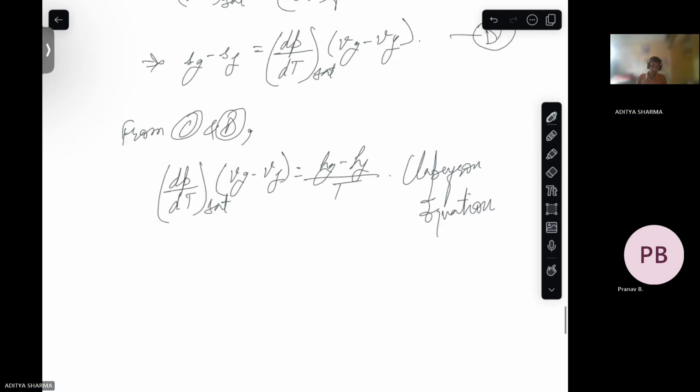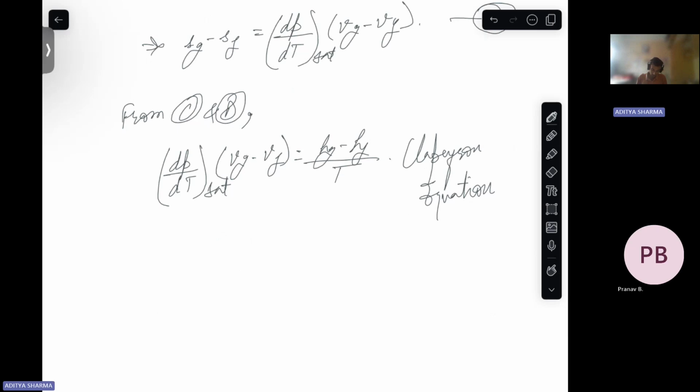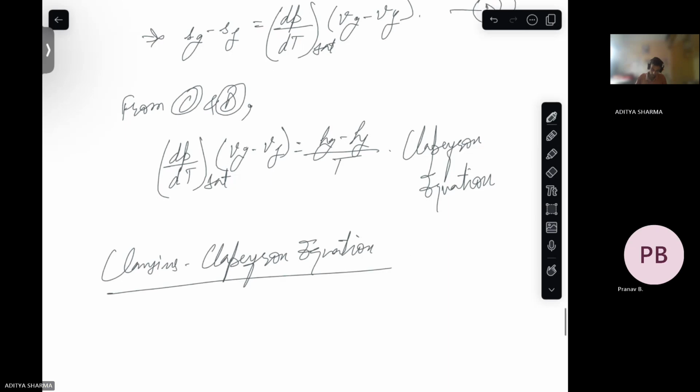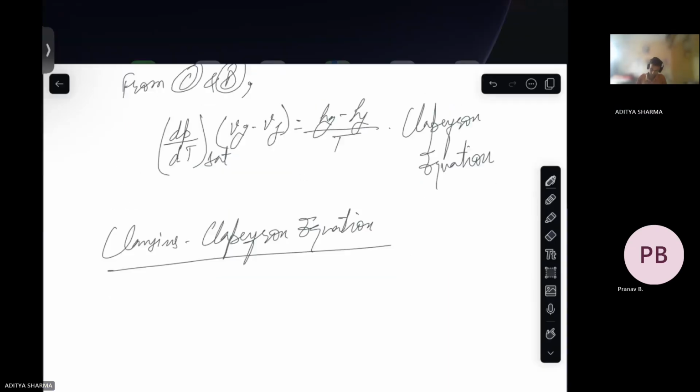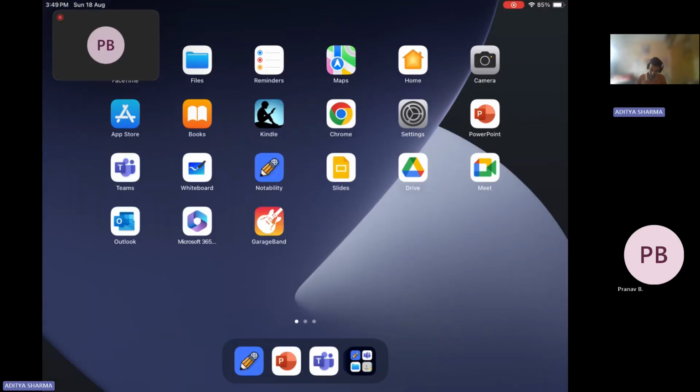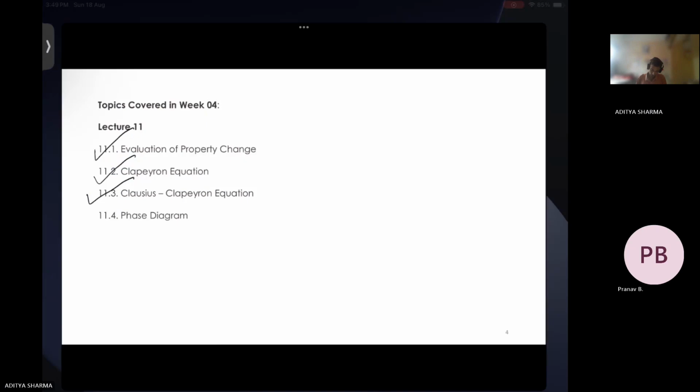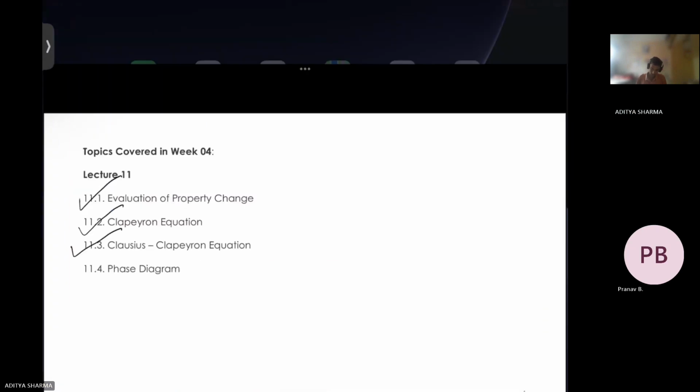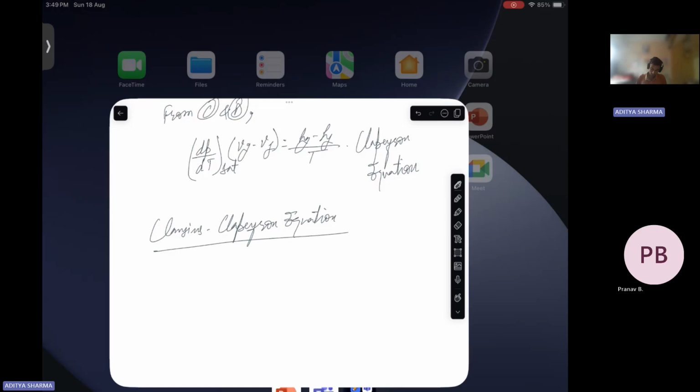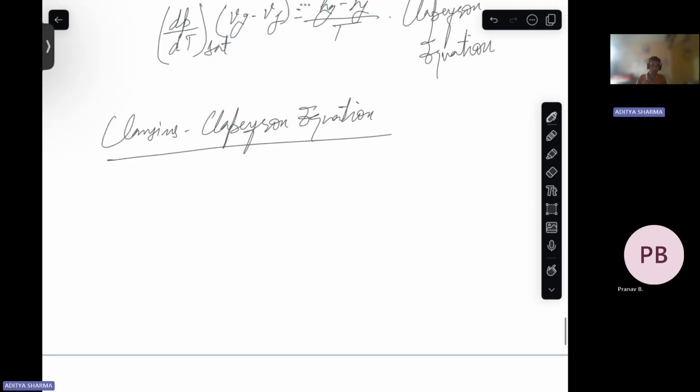And then the Clausius-Clapeyron equation, section 11.3 sorry. Here we take two approximations to the Clapeyron equation, right?